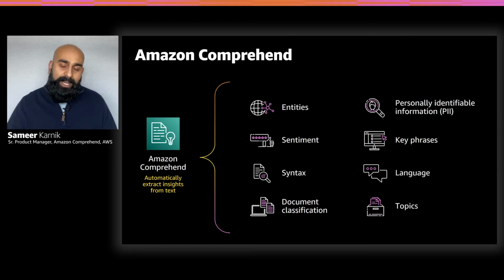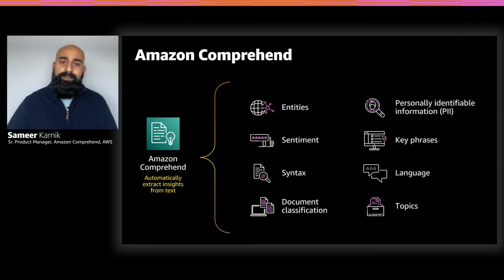Out of the box, Amazon Comprehend comes with a few pre-trained entities, like the ones you see on the screen here. On the top is entities. Entities lets you pull out things like people, places, organizations, brand names from free-form text documents. Sentiment is very pertinent to our conversation today.